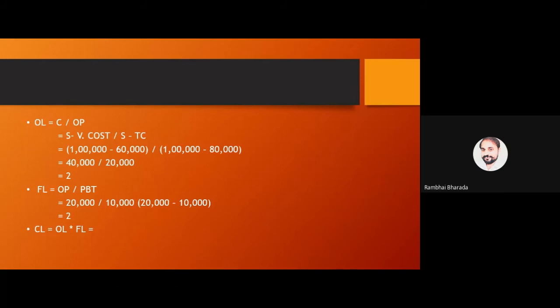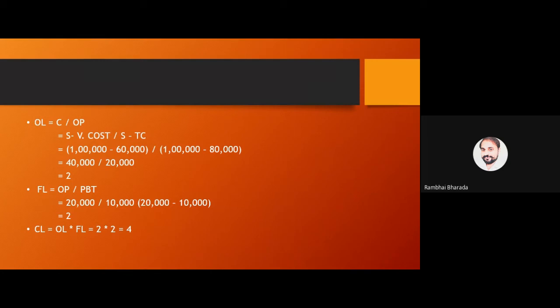Answer is 2. And here 2 into 2, 4. Or else the second calculation: contribution upon profit before tax, 40,000 upon 10,000. Your answer is again 4.